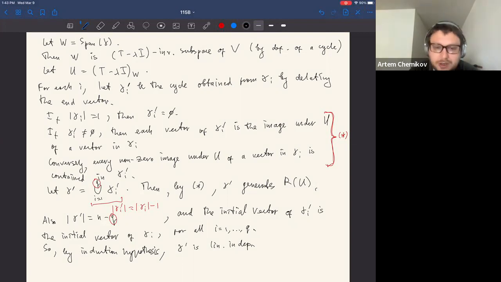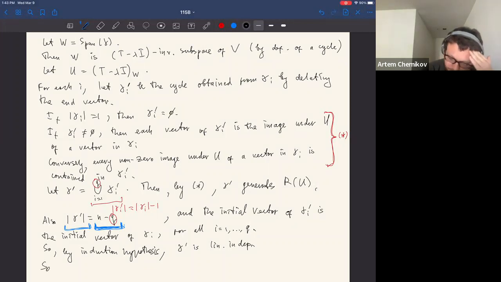So they're linearly independent, hence all of gamma prime, the union, is also linearly independent by applying the theorem to the case when the cardinality of gamma prime is smaller than n, because we assume that it holds for every size of the union of the cycles smaller than n. All right, so it is linearly independent.